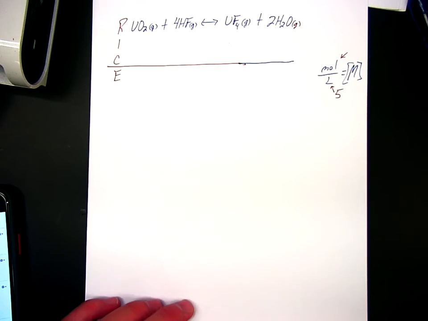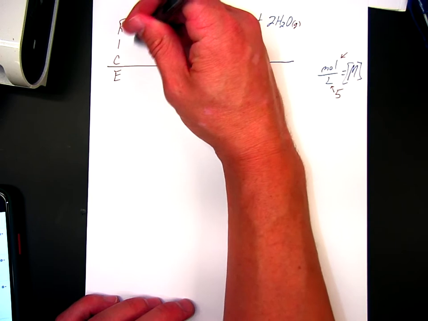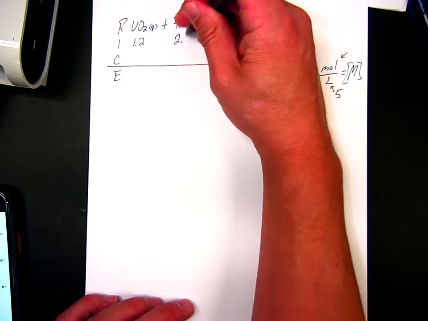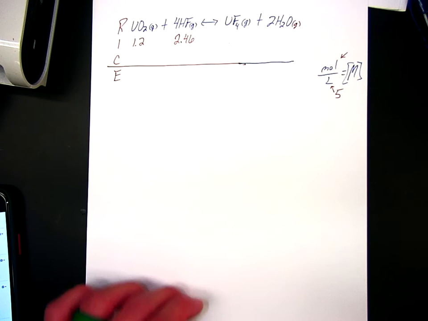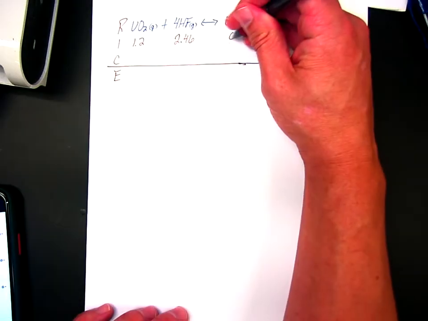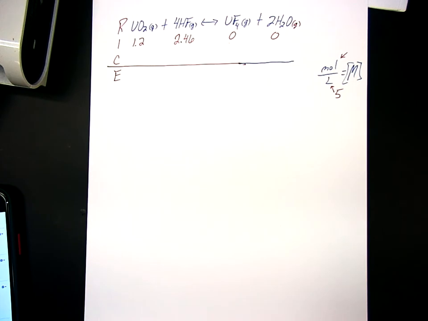If I do that, I'm going to end up with my initial concentrations of 1.2 molar and 2.46 molar, again by dividing the given moles by 5. Of course, the products always start with initial concentrations of 0 because the reaction has not started yet.